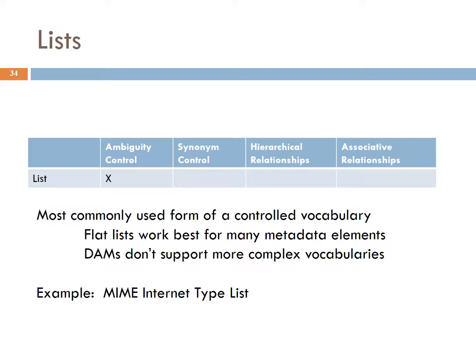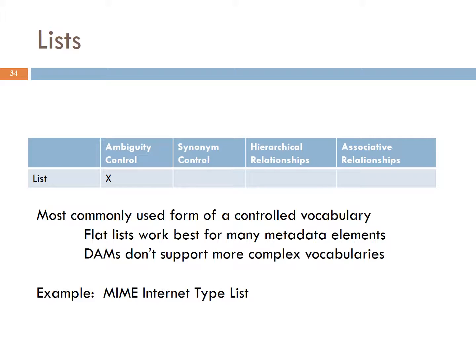So, lists. A list consists of a controlled list of terms, that is, names for concepts or people or places or events and such that have been selected as established forms to be used in metadata records.